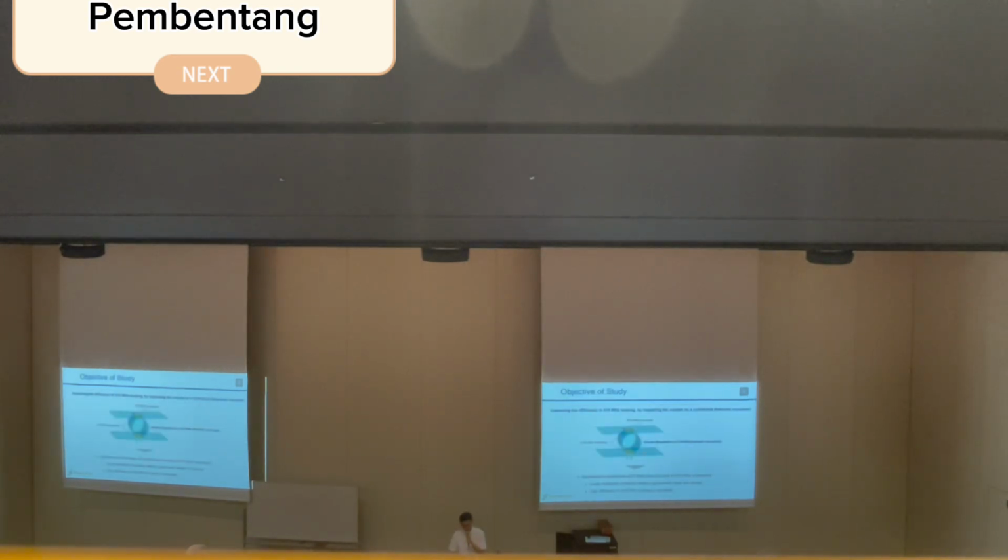So today's objective of the study is improving the efficiency in 915 MHz heating by regarding the sample as a cylindrical dielectric resonator. As I said, this sample has a cylindrical shape, so it can be regarded as a 915 MHz dielectric resonator.